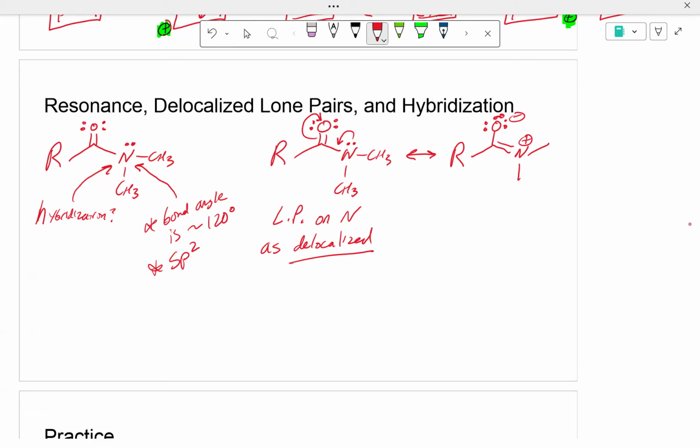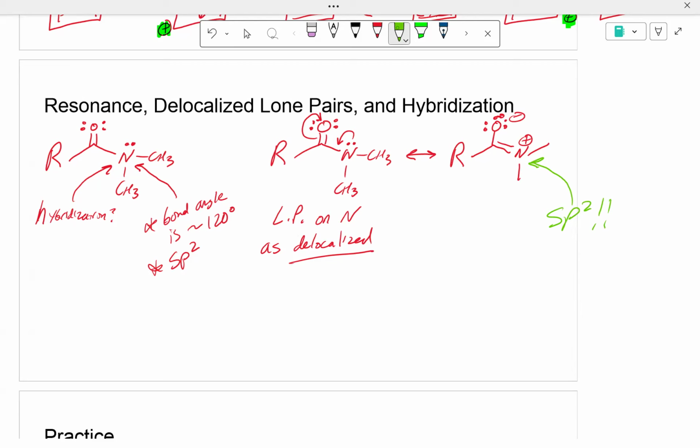Now what I want you to do is look at this resonance form right here. Tell me what the hybridization is of that. Now there's three regions of density. So resonance here and the delocalization of those lone pair electrons show us how that nitrogen can have a 120-degree bond angle, and we would consider it to be sp2 hybridized.